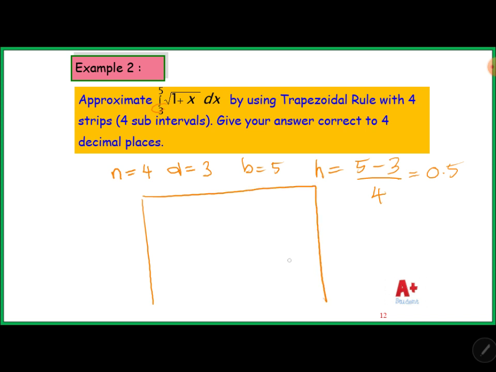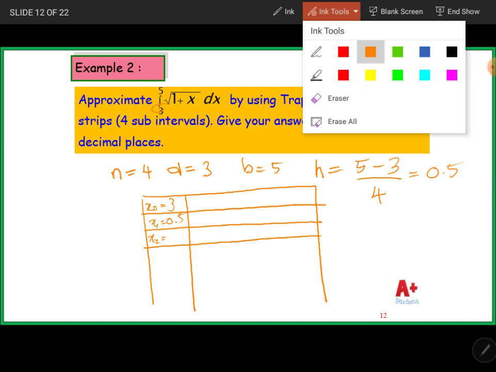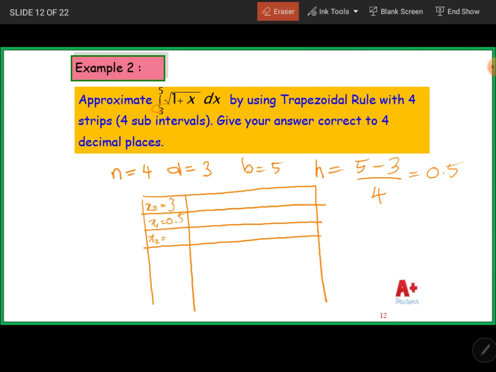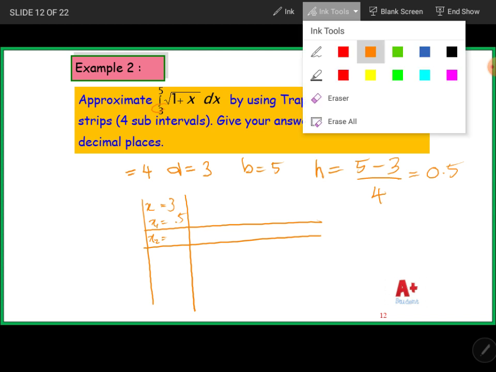So in our table here, I will write down x first. So we have x0, which is equal to 3, and then x1, which is equal to 3 plus h, 0.5.